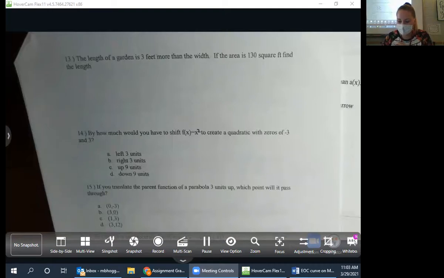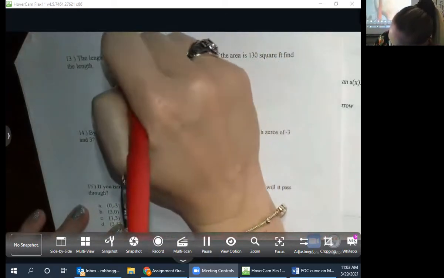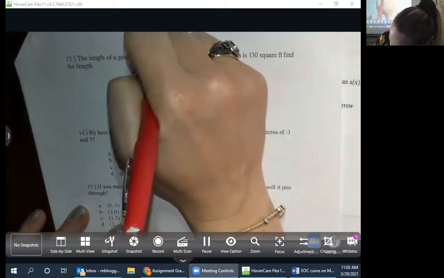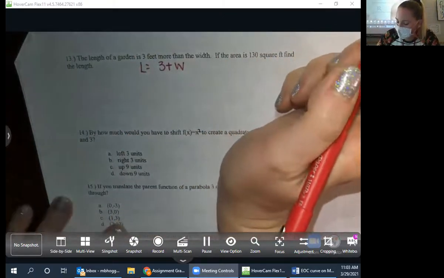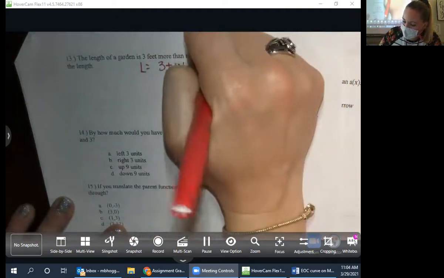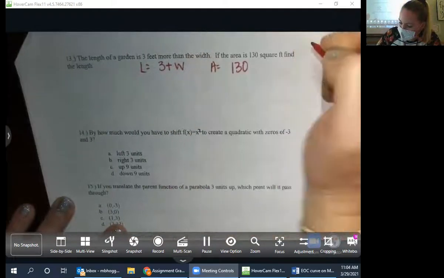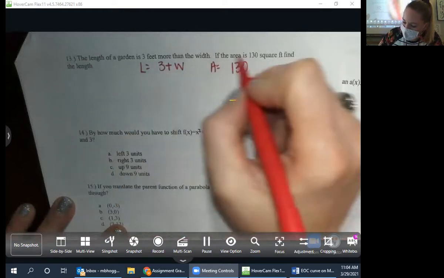The length of the garden is 3 more feet than the width. So the length is going to be 3 plus the width, 3 plus W. And it says the area is 130 square feet. Find the length.